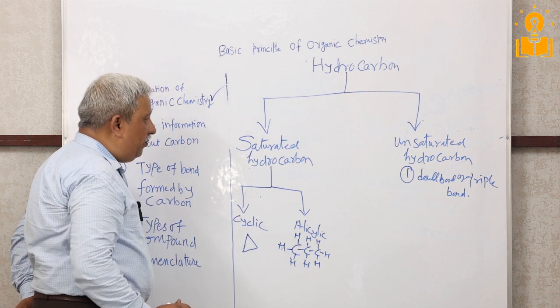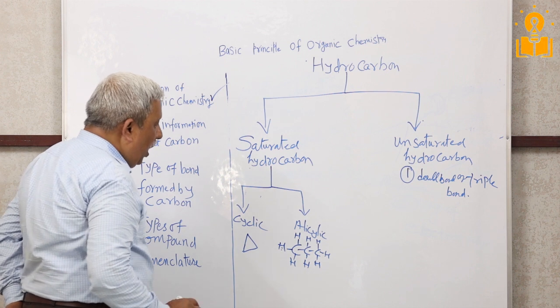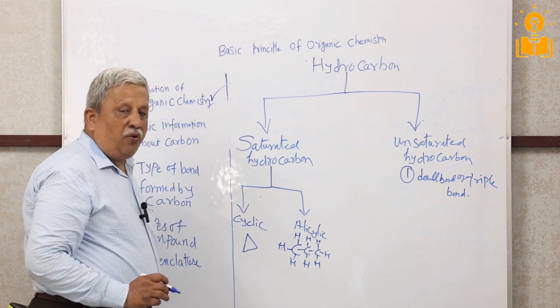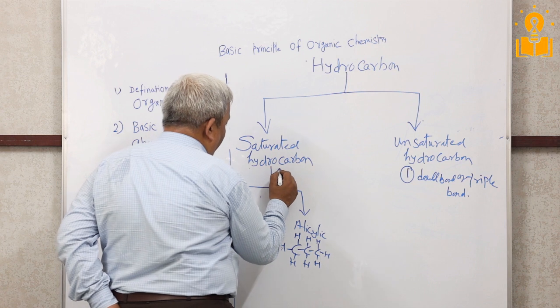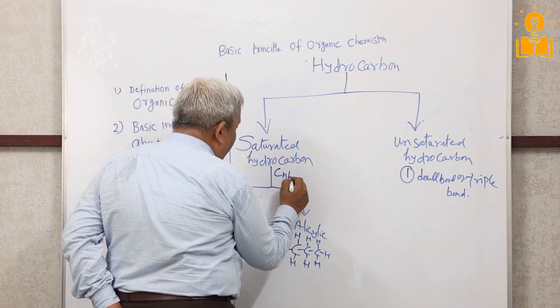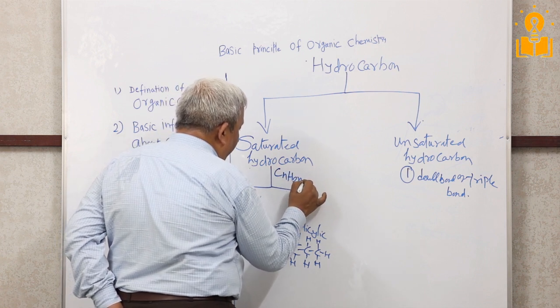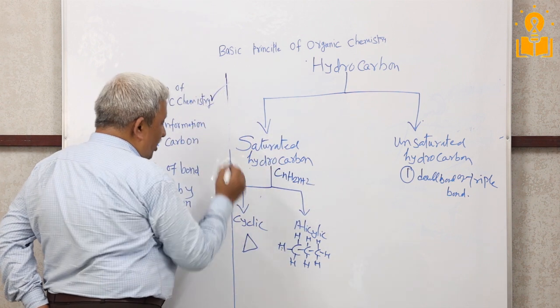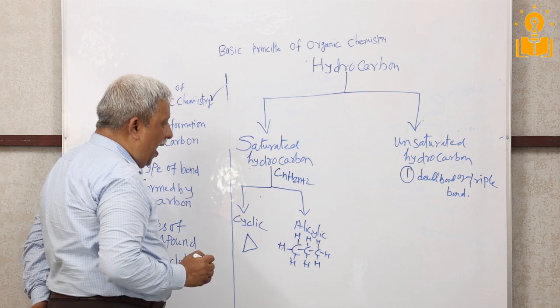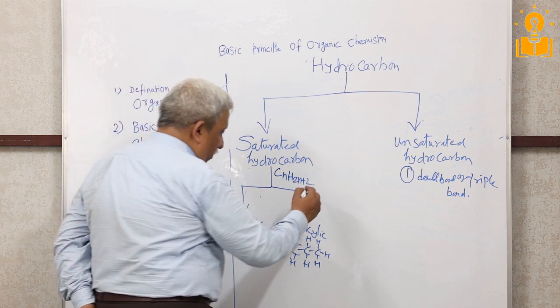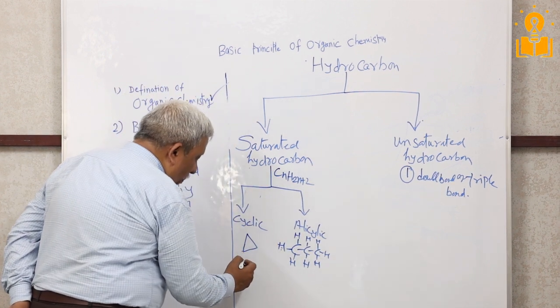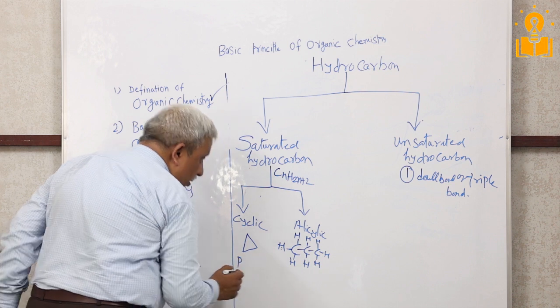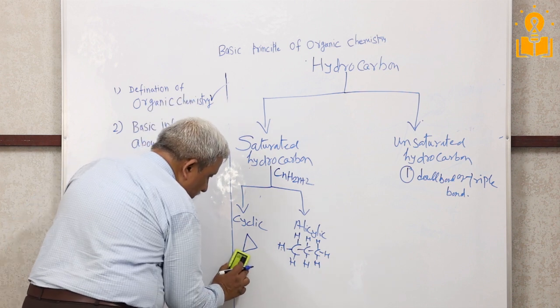Now when we say saturated hydrocarbon, we should know its general formula. Its general formula is CnH2n+2, where n stands for the number of carbon atoms. For example, we start by putting n equal to 1.